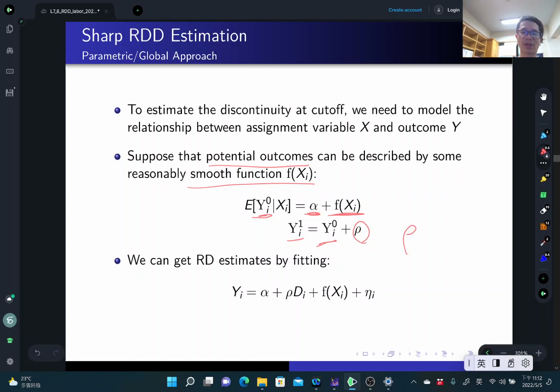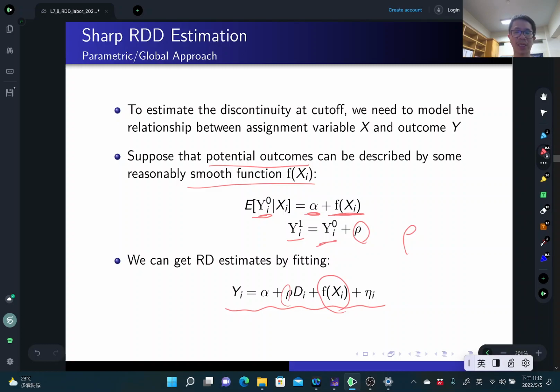So we will run the following regression. The y is the outcome, and the key thing is that after we control for the relationship between x and y, the outcome and assignment variable, we focus on the coefficient of the treatment variable.